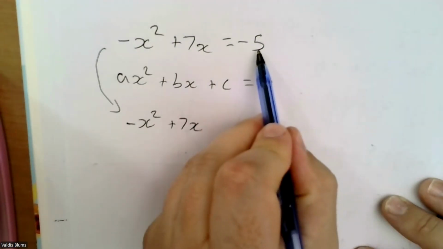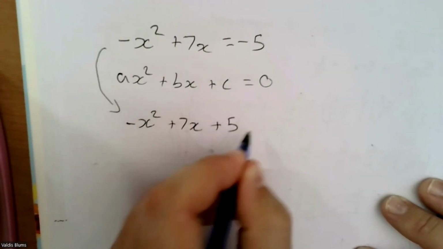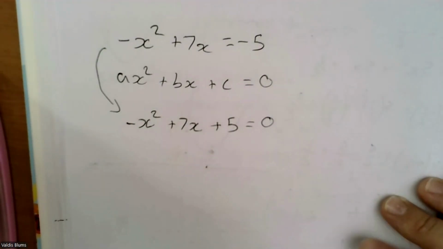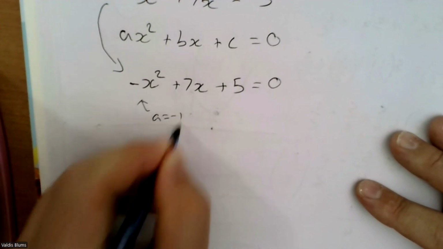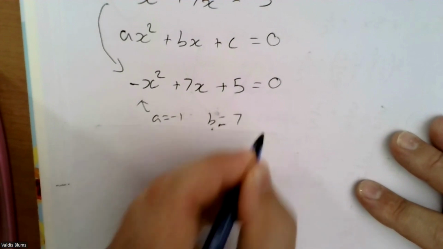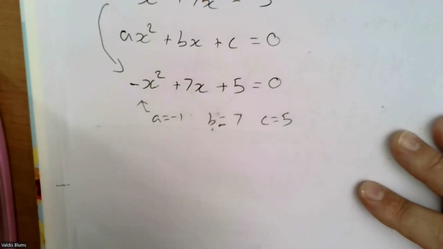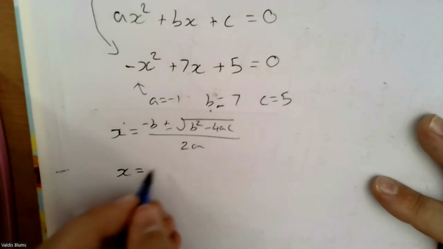In this particular case, you'll just be moving the 5 over to the other side, or in other words, adding 5 to both sides of the equation. And then you've got your A value, B value, and C value. Plugging these in.